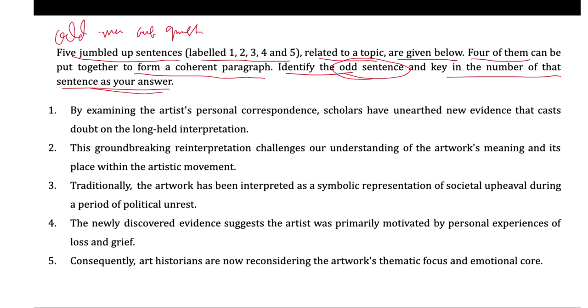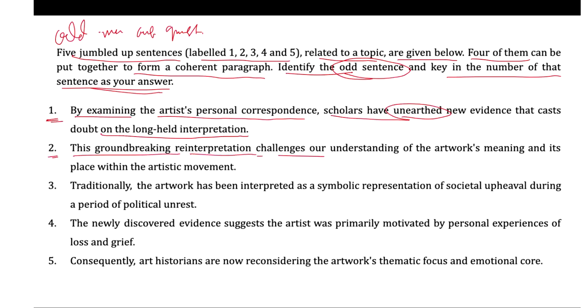The first sentence stated, by examining the artist's personal correspondence, scholars have unearthed new evidence that cast doubt on the long-held interpretation. Second, this groundbreaking reinterpretation challenges our understanding of the artwork's meaning and its place within the artistic movement.